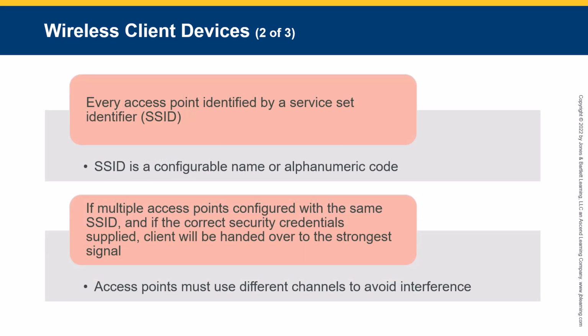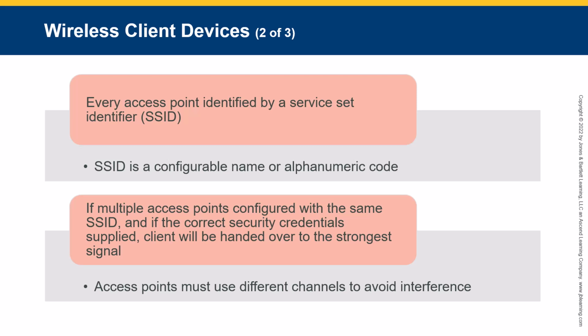We typically refer to it as an SSID or Service Set Identifier, SSID. This is a configurable name or alphanumeric code that uniquely identifies your wireless network. If there are multiple access points configured with the same SSID, and if the correct security credentials are supplied, the client should be handed over to the strongest signal.